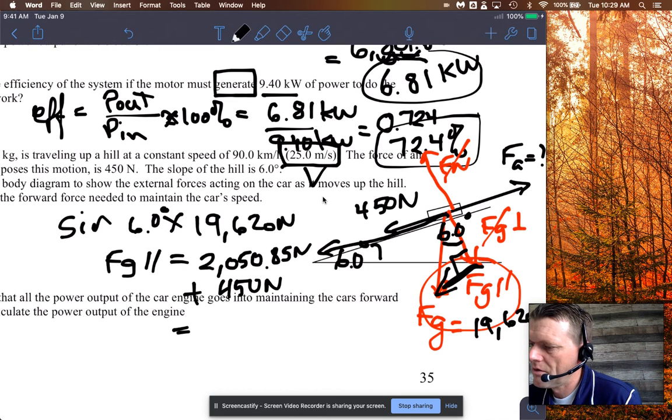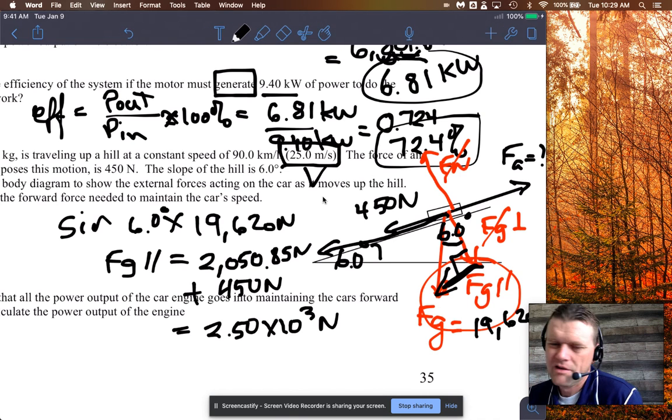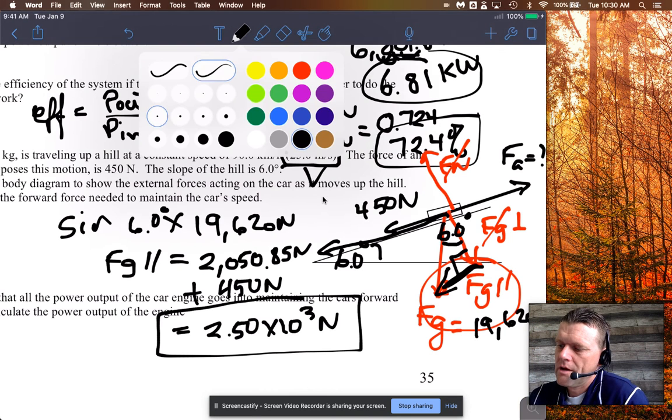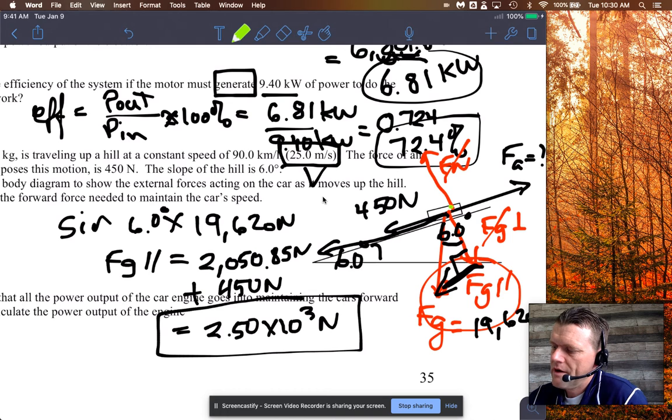Okay, so then that gives me 2.50 times 10 to the third newtons, or 2.5 kilonewtons, if you really want. So this would be the force needed uphill to counter all the forces downhill, and that would be necessary to maintain a constant speed.